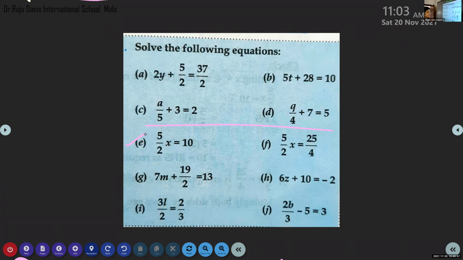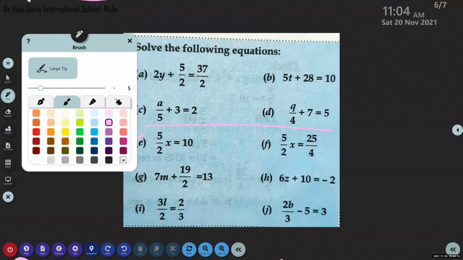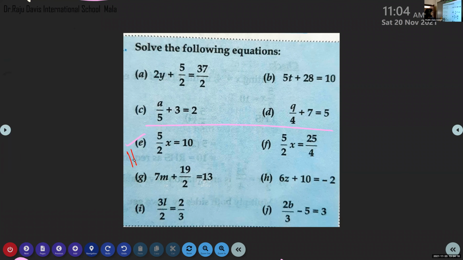We will discuss it in the next class. Clear? Just keep in mind the rules which I have given you today and try to do it yourself. That is your homework, from E to J.